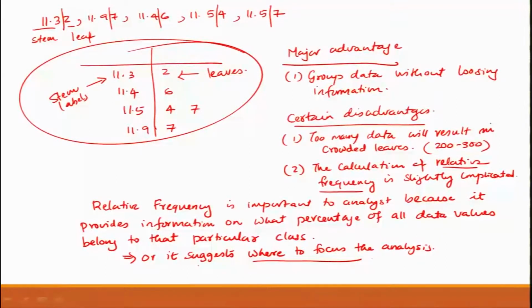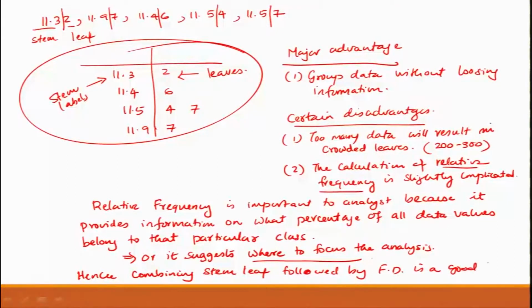So, hence combining stem and leaf followed by frequency distribution is a good approach. So, first maybe do a stem and leaf diagram, and after that you follow it up with a frequency distribution, which in a way will allow you to analyze the data better.